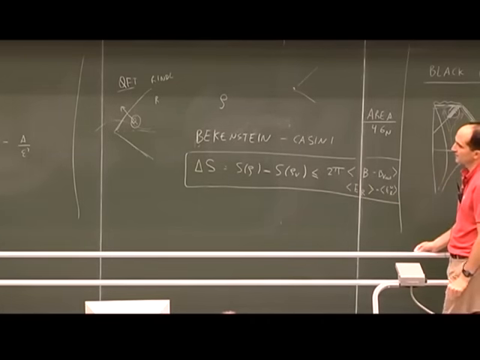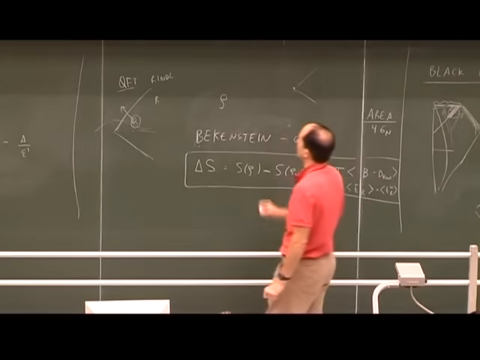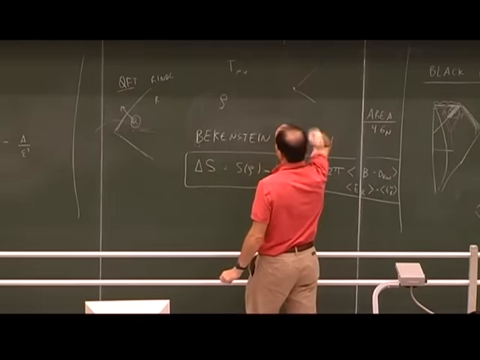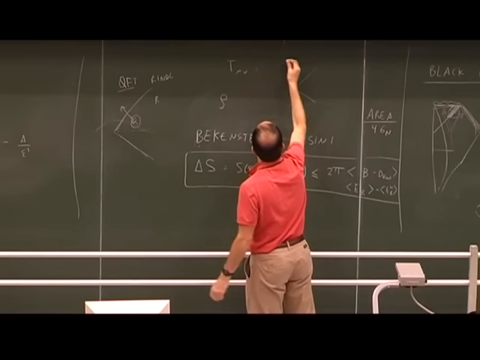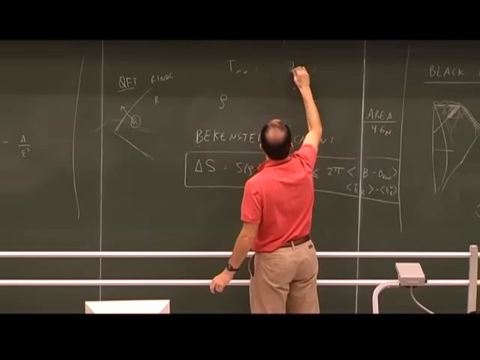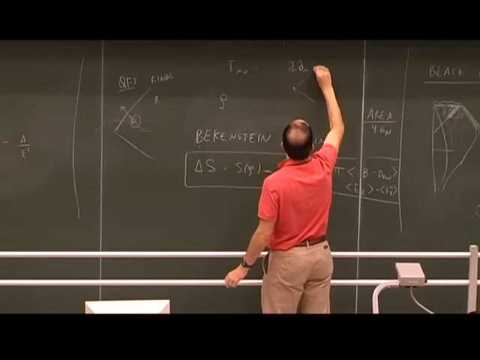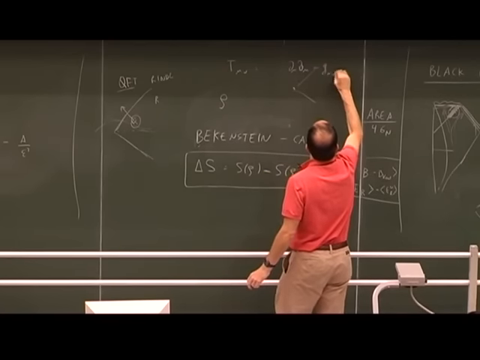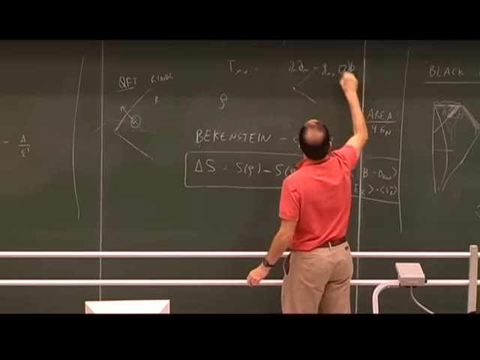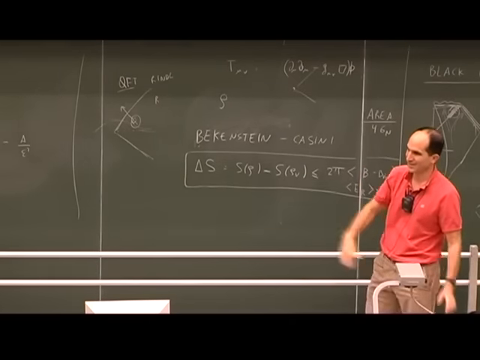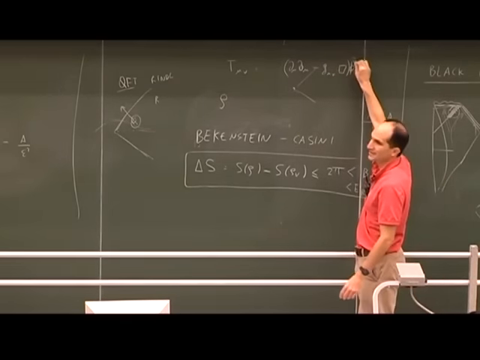These ambiguities I'm discussing are, for example, for a scalar field, you can define a stress tensor, which is the ordinary stress tensor, or you can add pieces, you can add total derivatives. Terms like this, right? For example, the difference between a minimally coupled and conformally coupled scalar field are terms of this form.